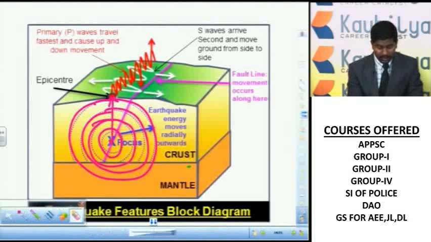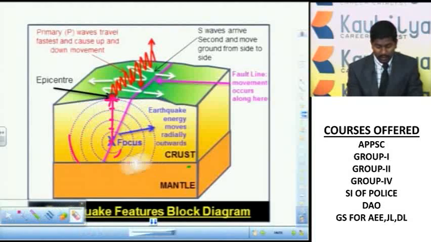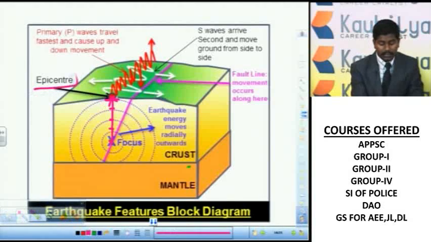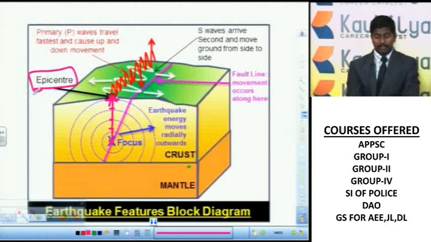Because this place is perpendicular to the focus, it is called the epicenter, and it always lies on the earth's surface.